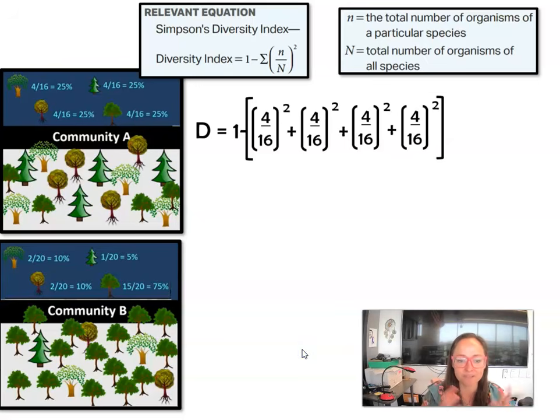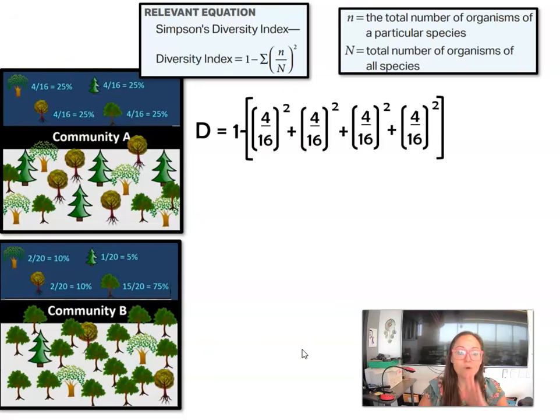If I look at the formula, we have a couple different letters. We have a lowercase n, which is the total number of organisms of a particular species. In my community A, it's all even. I have 4 of each kind of tree, and then I have my total number of organisms in the whole community, capital N. That may be hard to count if you're in a rainforest, but here it's just an example.